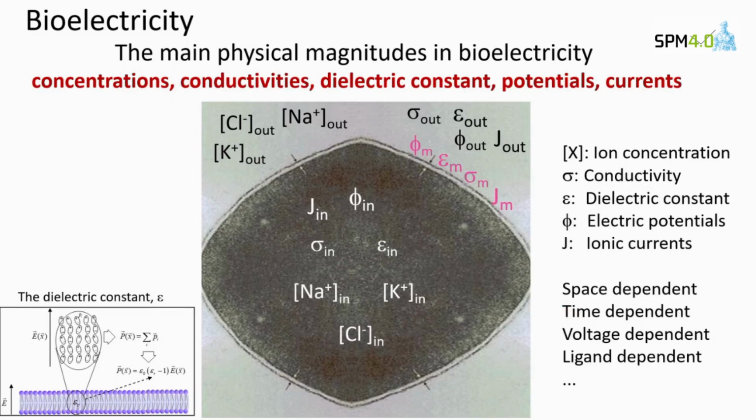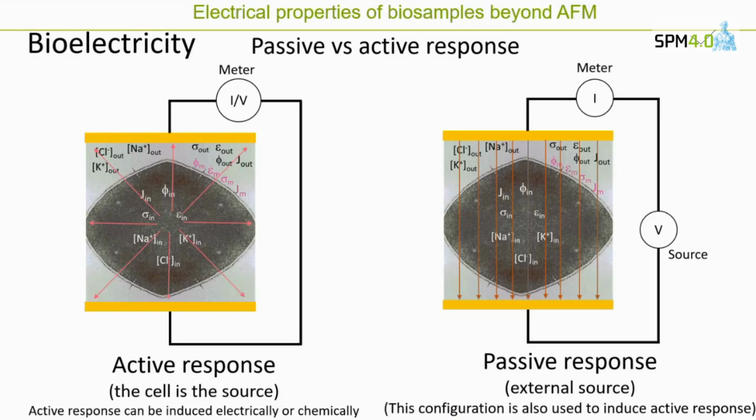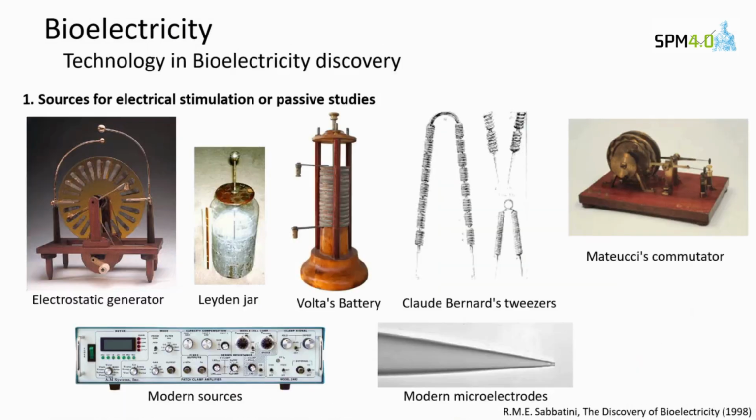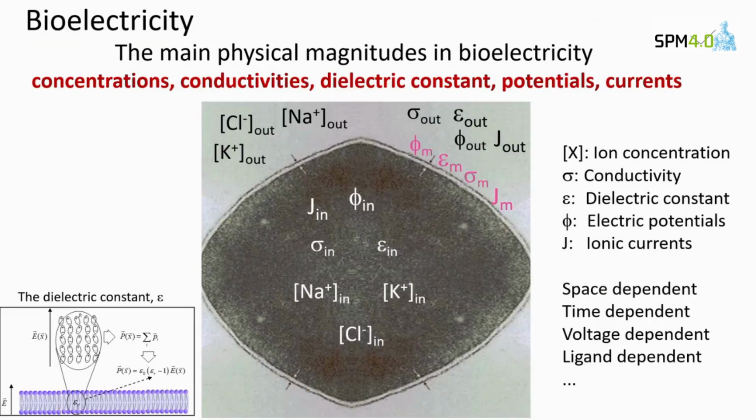Another relevant quantity is the conductivity of the media: how many ions do you have inside, and how many do you have outside. And also the polarizability of the different media. I don't need to explain what polarizability is because I explained it in the previous presentation. Basically here you have the polarization of the inside of the cell, the outside of the cell, and then, to keep it very simple, the polarization of the cell membrane.